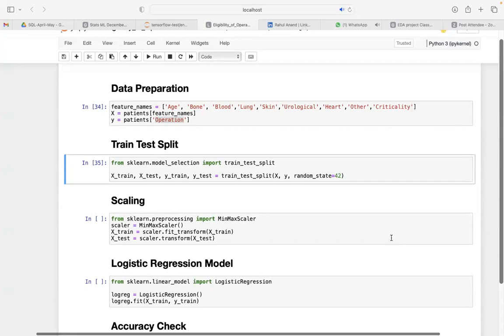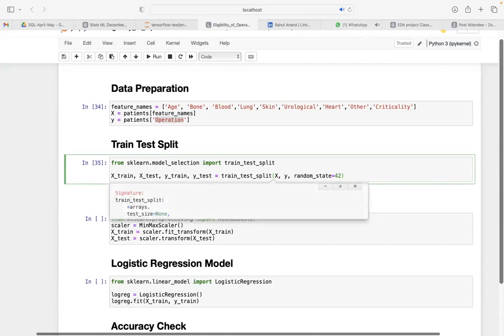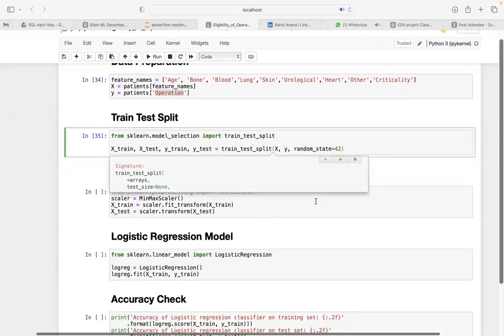By default, I thought 70-30, but the default is 75-25, unfortunately.